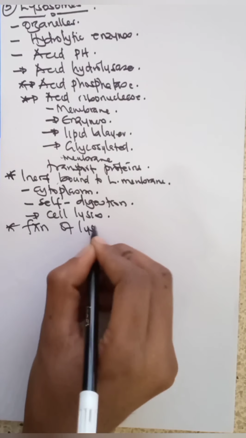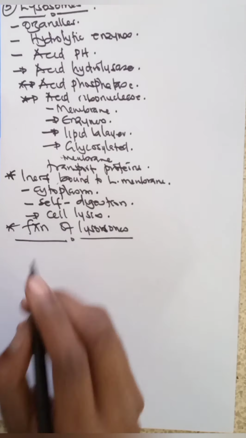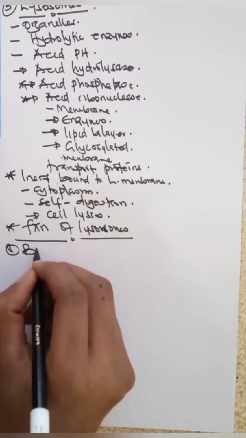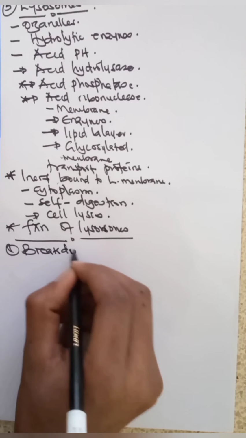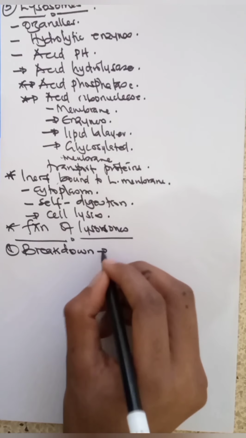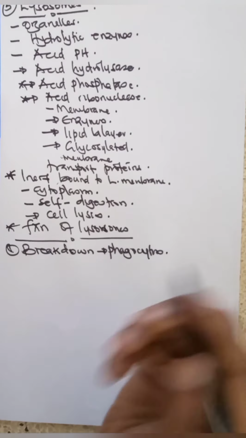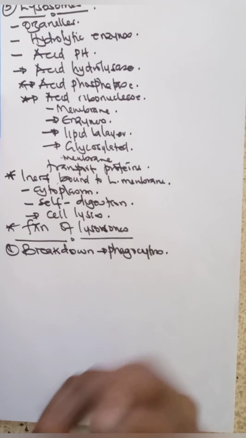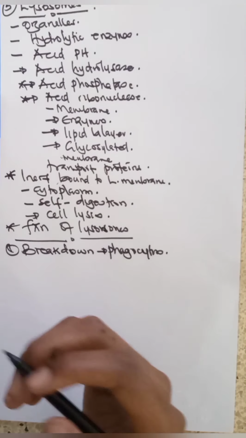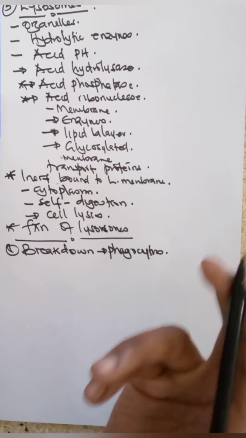So basically, when you look at the function of the lysosomes, in general, they are involved in breakdown of particles engulfed by the phagocytes, for example, the neutrophils and macrophages, such as infecting viruses and bacteria, the worn-out organelles, food particles, and others.